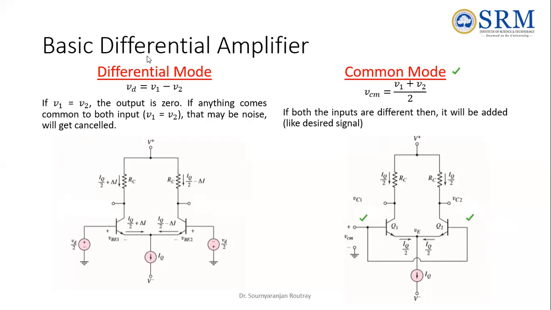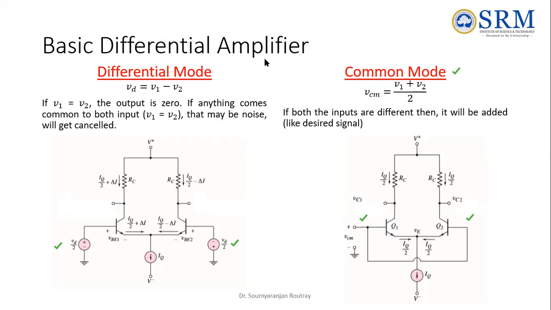If it is differential mode, then your input will be v1 minus v2, where this is v1 and this one is v2. And if it is common mode, then it is (v1 plus v2) by 2. This is the common mode input and differential mode input.